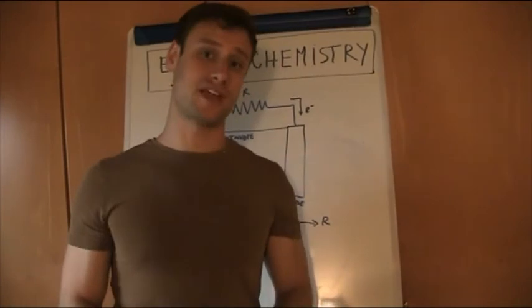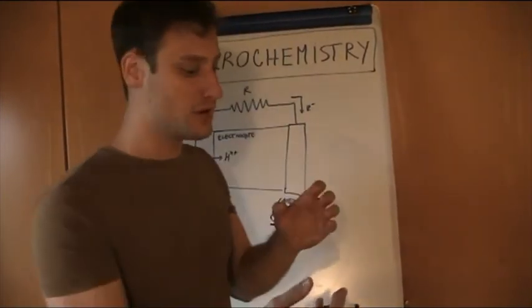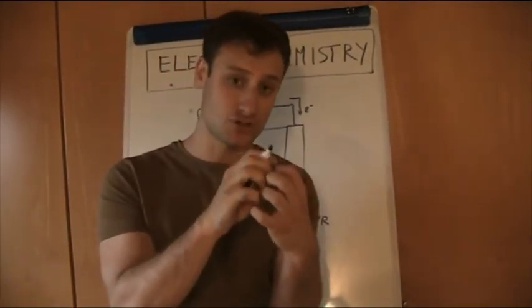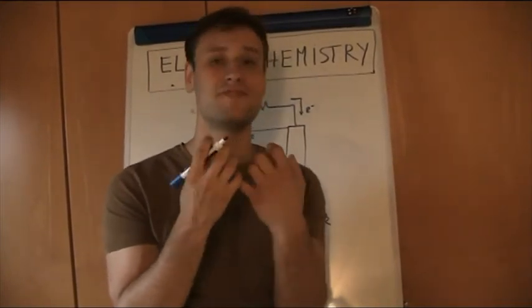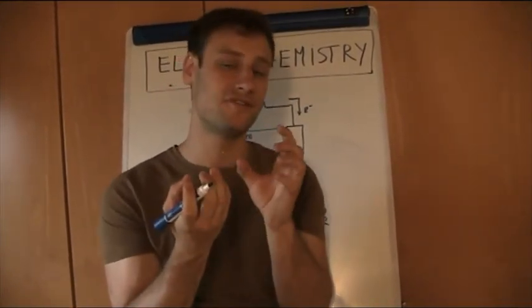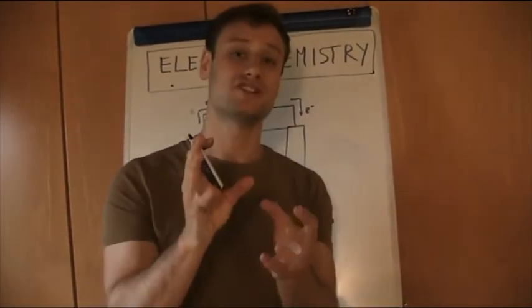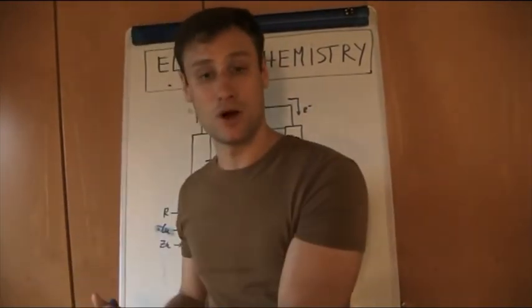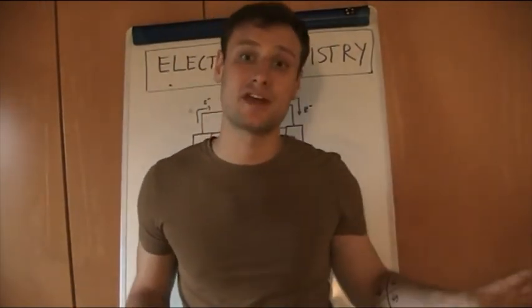It's a redox reaction, but not a redox reaction in which the reagents are close to each other, but something similar. So here the final result is the same, but the reagents are not close: one is present on one electrode, the working electrode maybe, and the other one is present on the other side.